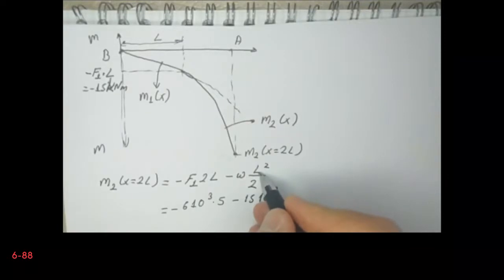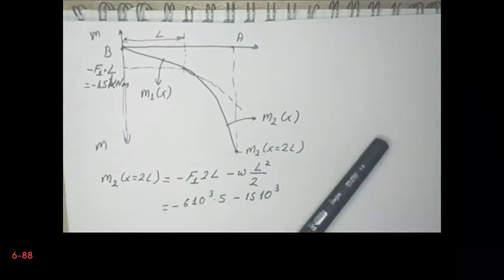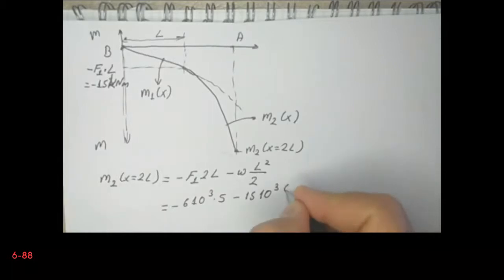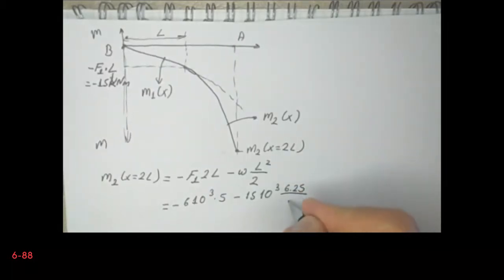L square is square of 2.5, 6.25, square of 2.5 divided by 2.